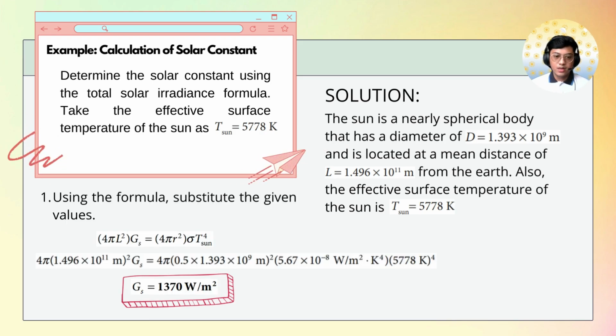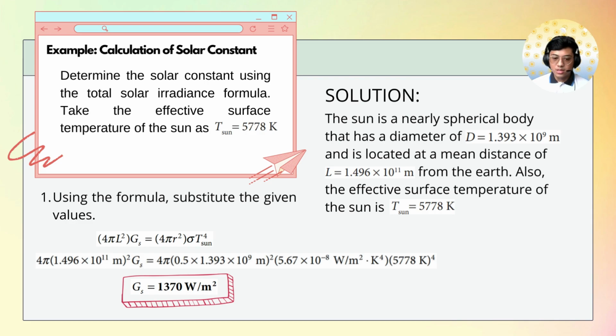5778 Kelvin. Using the formula, we will now substitute the given values. So we have here 4 pi times 1.496 times 10 raised to the 11th power, which is the mean distance, squared, times G sub S is equal to 4 pi times 0.5 times 1.393 times 10 raised to the 9th power, also squared. The reason why the diameter is multiplied by 0.5 is because we are given the diameter, so in order to have the radius, we multiply the given by 0.5.